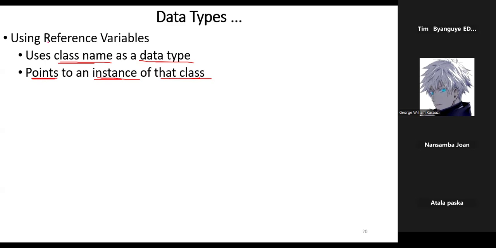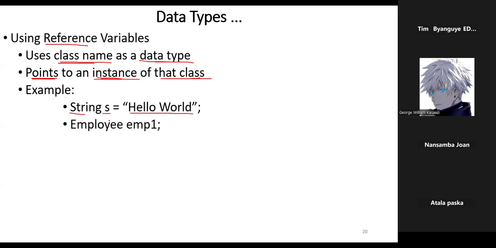And that's why we call it a reference, because when you point to something, you are referring to it. So the reason these data types are called reference data types or reference variables is because they point to an instance of a class. And when you write String s equals hello world, what really happens is an object s is created and it points to the string that someone else created.